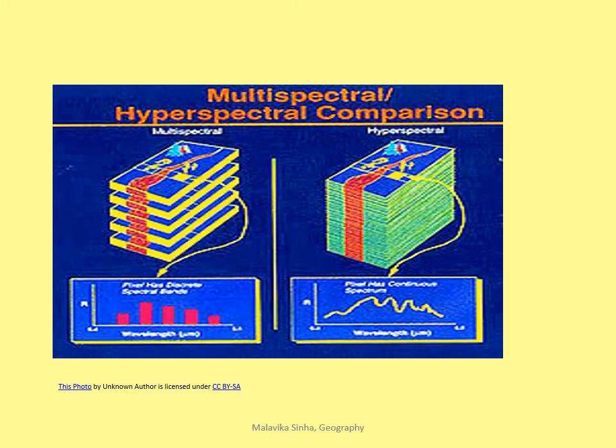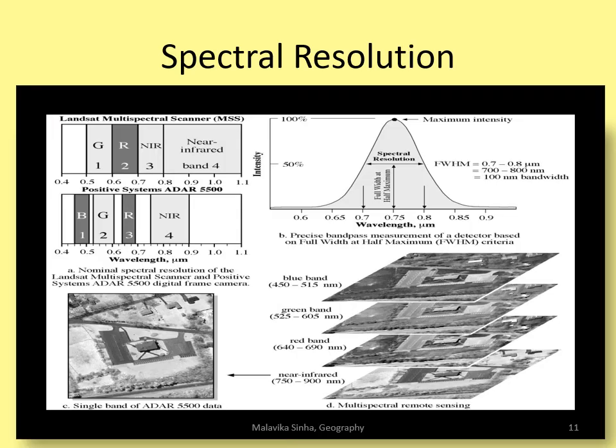This is the picture of hyperspectral or multispectral bands. Here there are several bands, and EMR reflected by the Earth's surface reaches the sensor and the various spectral bands, and the various bands record the reflected EMR in an uneven way.